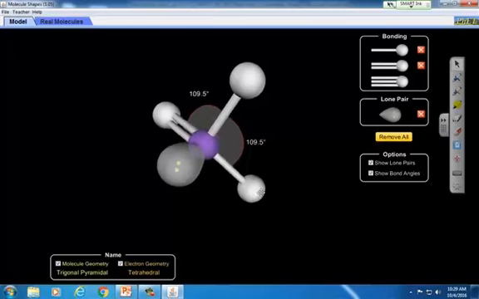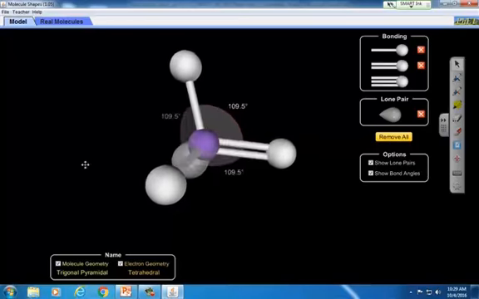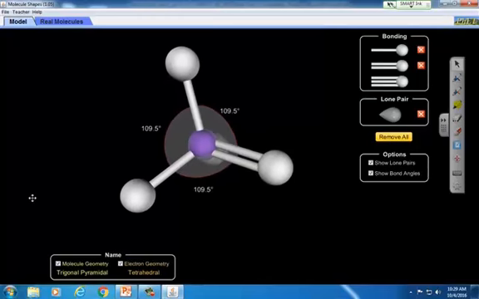So I can see there's no way to put all 4 of those groups in the same plane. I can rotate it and put 2 of the bonds roughly in the same plane. So I can put this here and this here roughly in the same plane. But then what I see is the other electron domain, which is the lone pair, is pointing away from me. How do I show that in 2 dimensions?